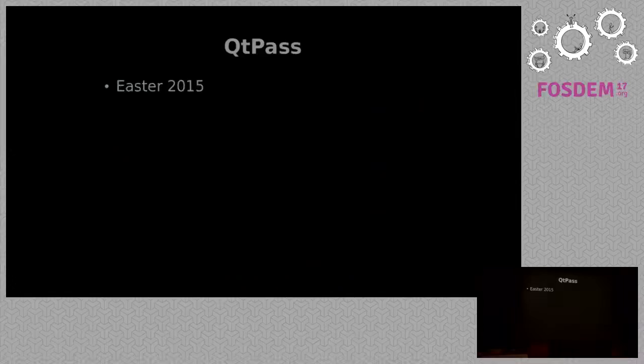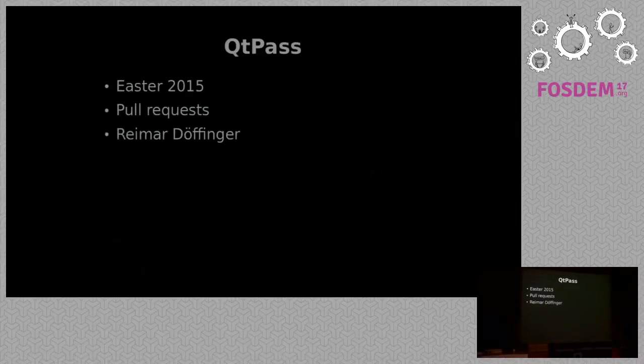But then all of a sudden, Easter 2015, I got a lot of pull requests from Reimer Duffinger, who I later met in Amsterdam for a beer. He added adding and editing of passwords in those pull requests.